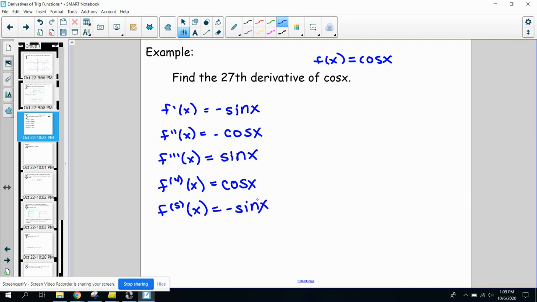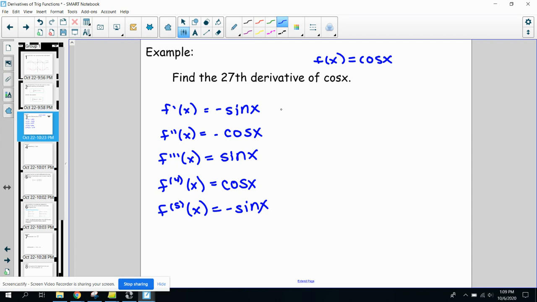If you look at the pattern that we've created here, we can see that we loop back around right at the fourth derivative. Once we get to the fourth derivative, it's what we started with. So a shortcut, instead of having to do this 27 times, is to figure out that every fourth derivative, every derivative that's a multiple of 4, is going to end up at the cosine of x.